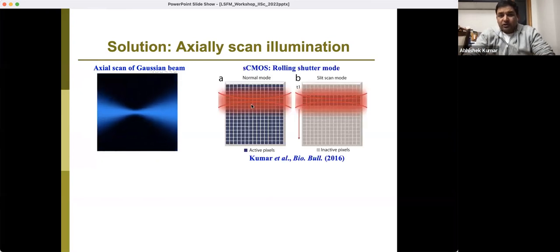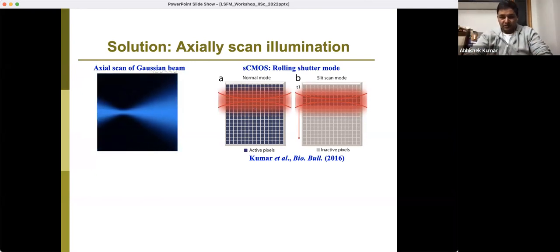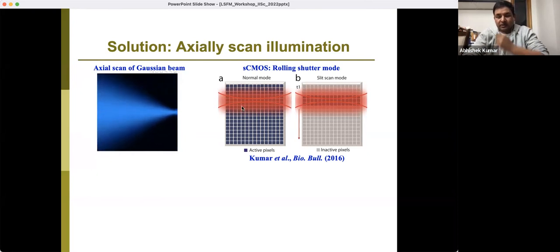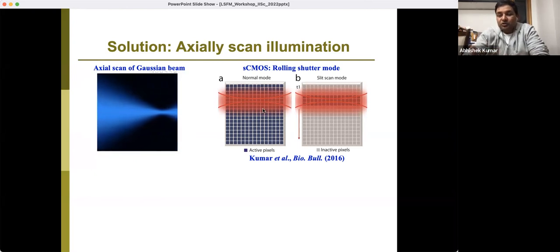And in this particular case, we take advantage of the light sheet mode or rolling shutter mode of sCMOS cameras. Most scientific sCMOS cameras facilitate that. So what you do is you can control how many pixels you want to be active.